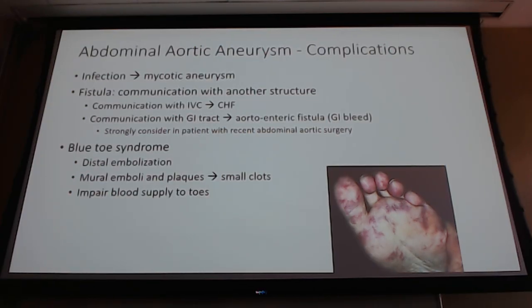So if you have a patient who shows up to your clinic, or most likely the ER, sick, with fever and GI bleeds, you have to ask about a recent abdominal surgery or recent aortic surgery.